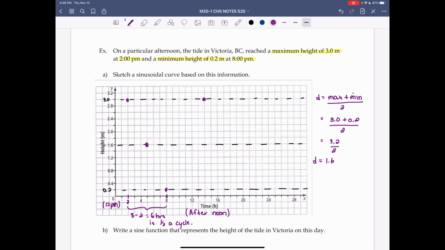And then between the next min and max, again halfway between them, so 3 hours down to the midline, put a point there. I can join my points with a curve. And there's the first cycle.